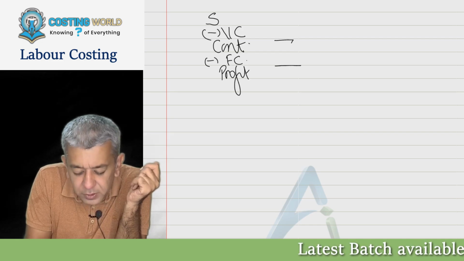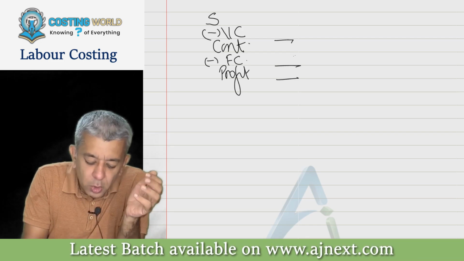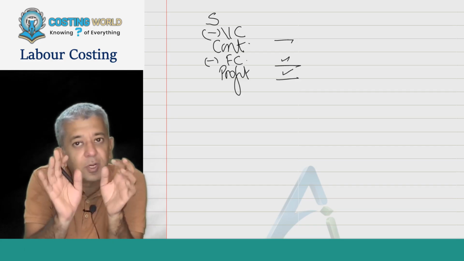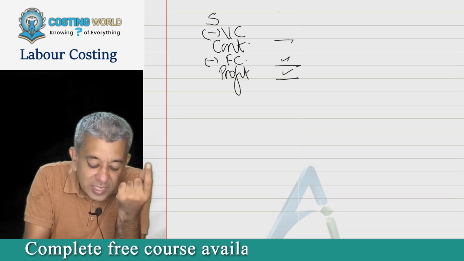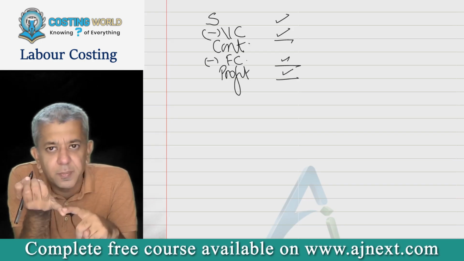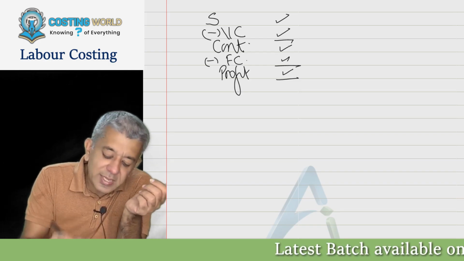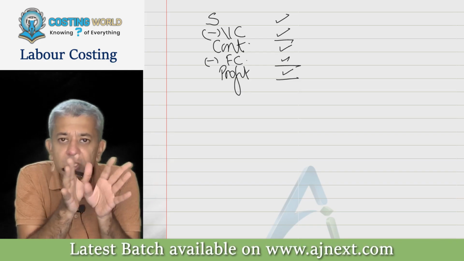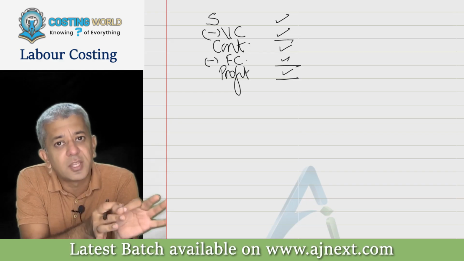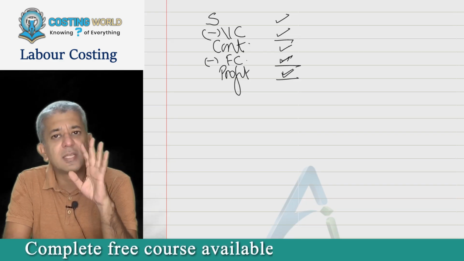Whatever customers give you is your sales. Out of that you meet your variable cost, direct material, direct labor. Whatever is left with you is contribution. Against contribution there is one charge, which is fixed cost. The balance figure is your profit.